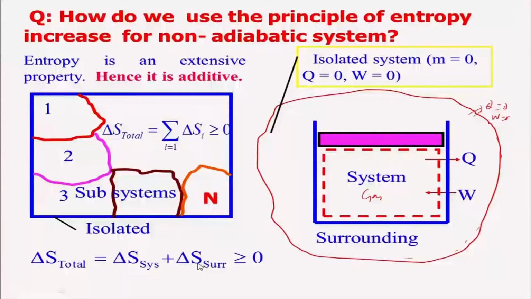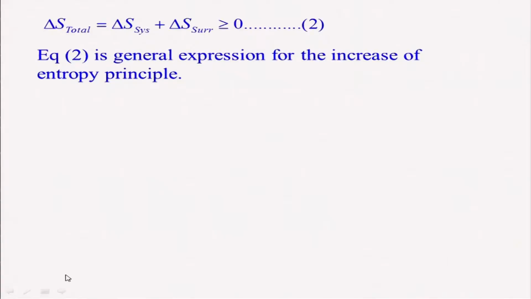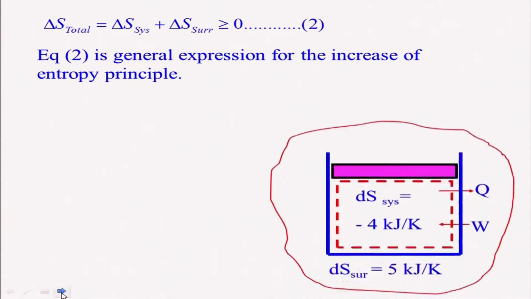This concept of an isolated system is used very often to calculate the entropy change where certain things are not known. As I told, for an isolated system we consider both system and surrounding greater than 0, and this is the general expression for the increase of entropy principle.